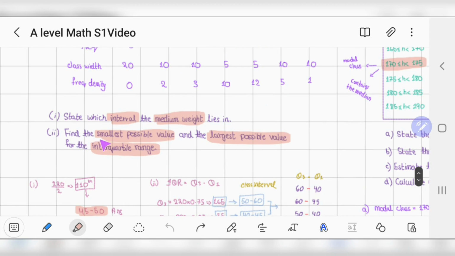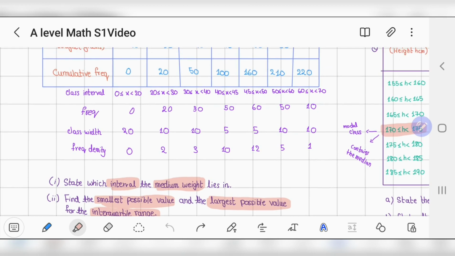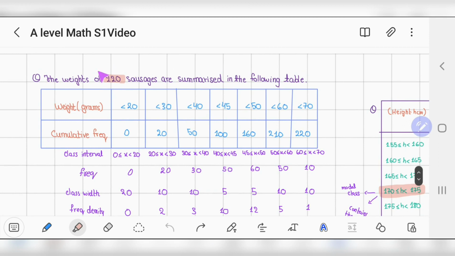And then it says find the smallest possible value and the largest possible value for the interquartile range. Okay, so it says interquartile range, which means we need to find Q1 and Q3 as well. In order to find Q1, we will multiply the total by 0.25, as I've told you before that Q1 covers 25% of the data set and Q3 covers 75%.